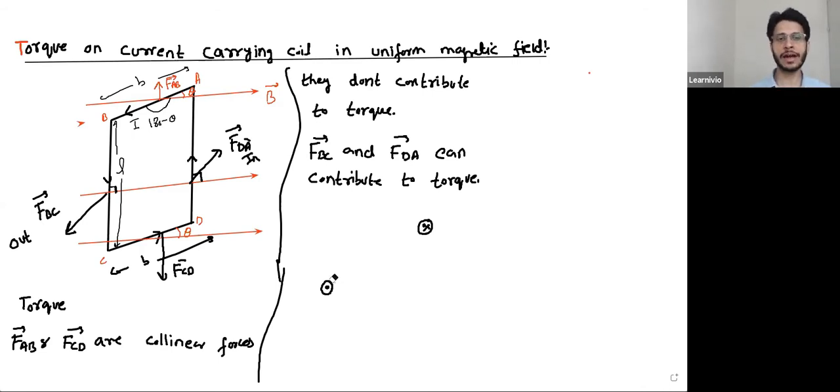Just for the sake of clarity, instead of representing them by dot and cross, I'm drawing the full side view. This is side CD. The force FBC is acting on CD in the outwards direction, which I am drawing in this way.